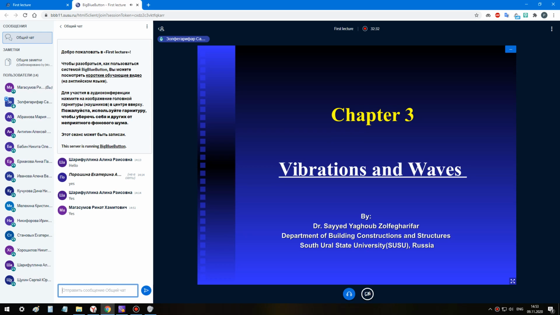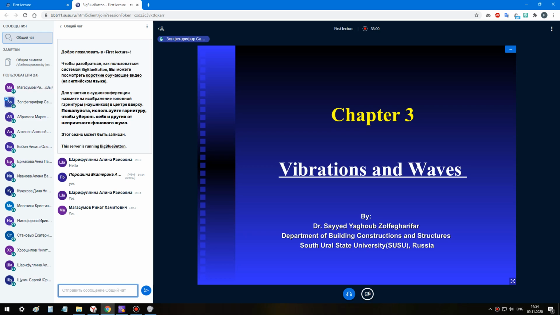Another parameter is wave. Before, we talked about the types of waves. Now the definition of wave: a wiggle in both space and time is a wave.